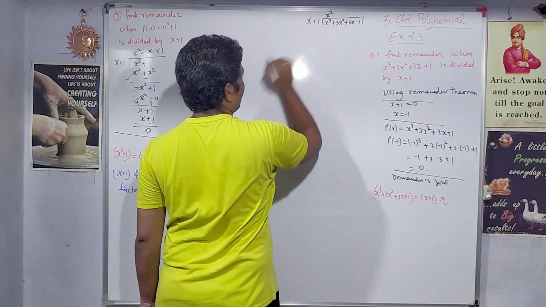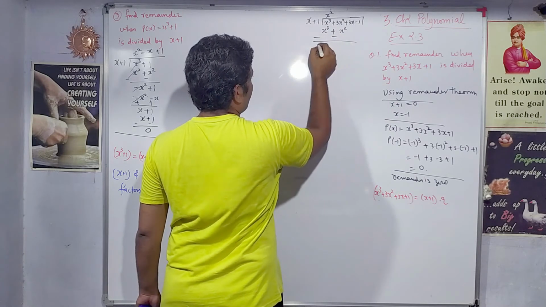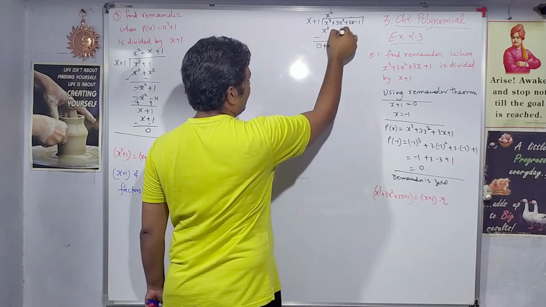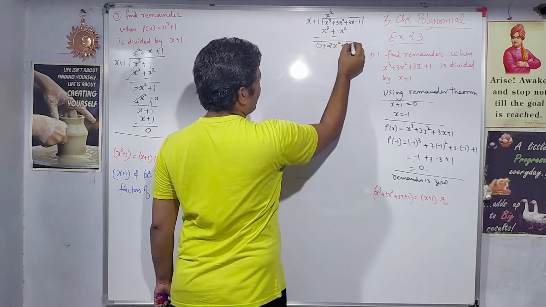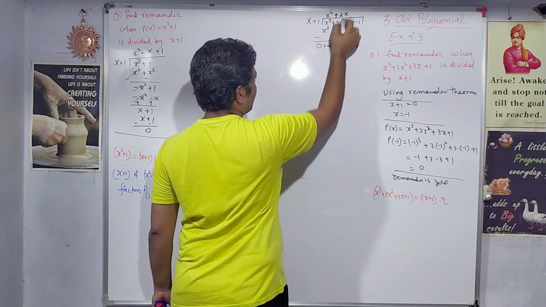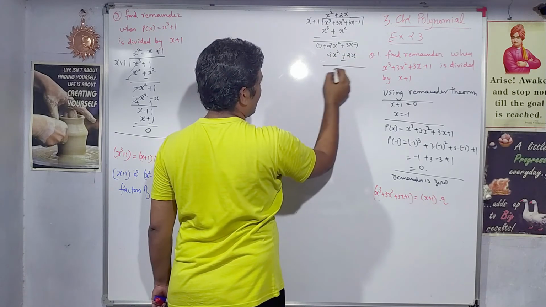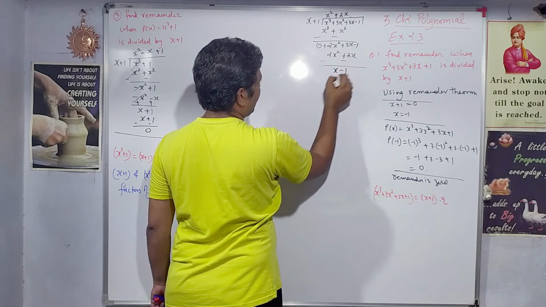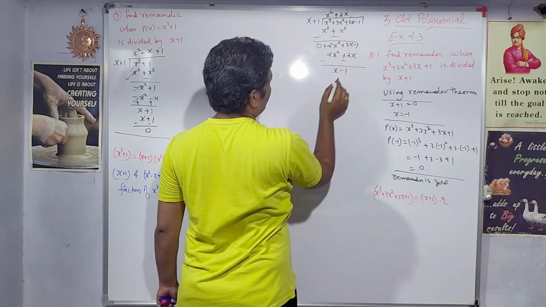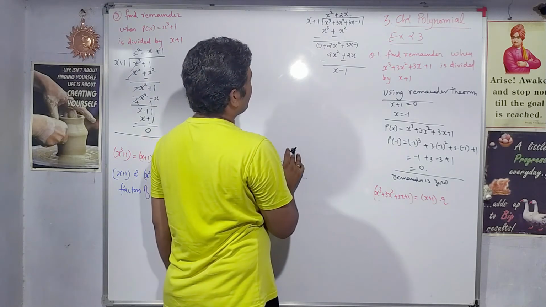x has to be multiplied with x square, so you will get x cube plus x square. Subtracting, like terms, this will give me 2x square plus 3x plus 1. What will you multiply with x? You will multiply with 2x, so this will give me 2x square plus 2x, changing the sign, this will give me x plus 1. Then what will you multiply here?